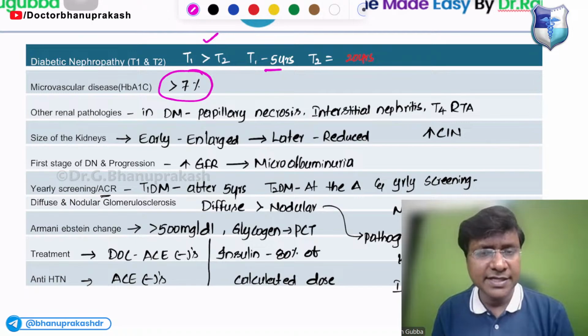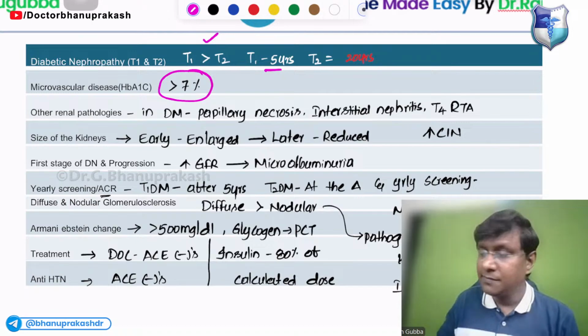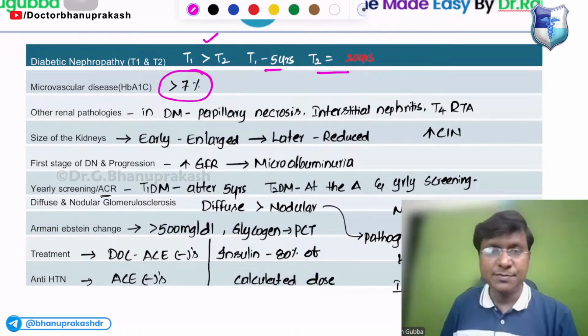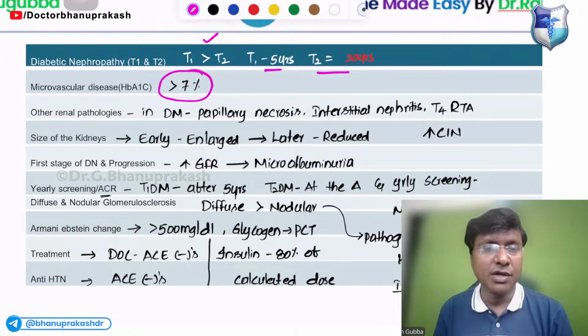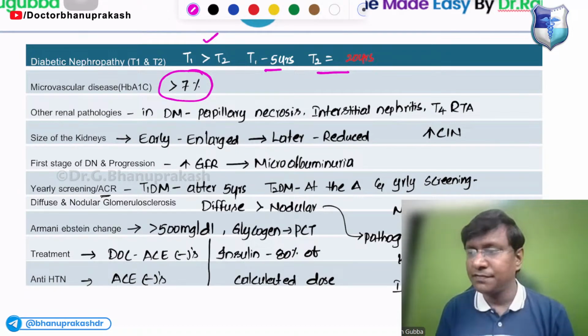And in case of type 1 diabetics, within 5 years of the onset of diabetes mellitus, you have the development of diabetic nephropathy. Whereas in type 2 diabetes mellitus, within 20 years of the onset of diabetes mellitus, you have the development of diabetic nephropathy.